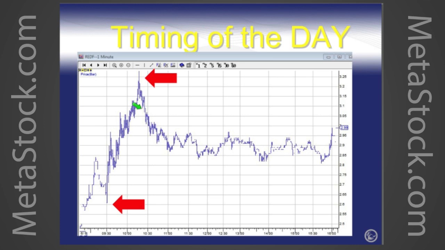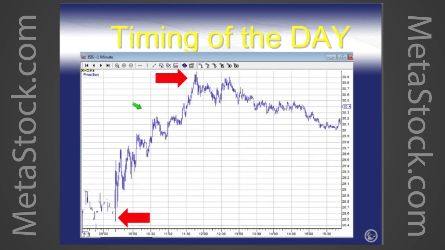There's a time when the fish bite. They're called tides, and tides are predicated on timing during the day. You need to know when that timing is, because that's the time when you want to be out there. When it comes to trading, you have to know when those times are, because that's when most money is being made.